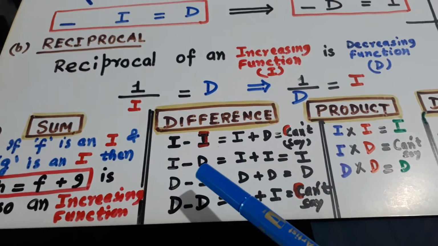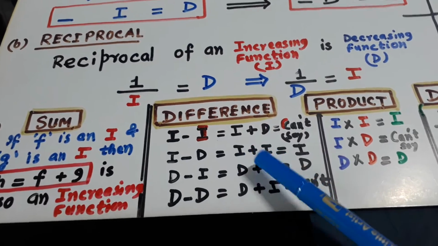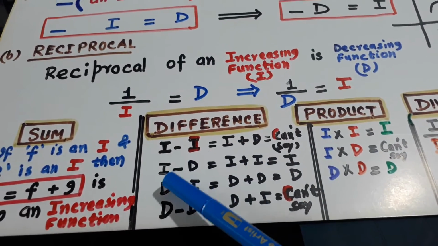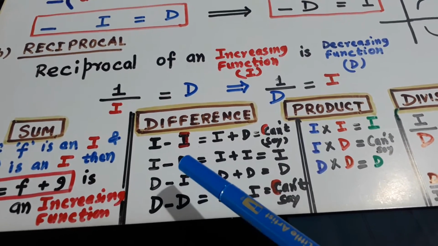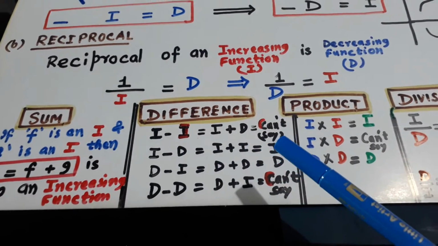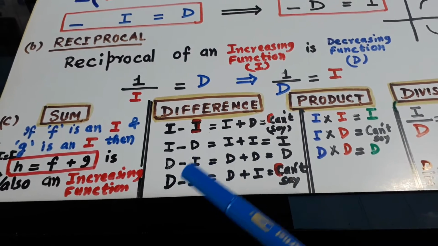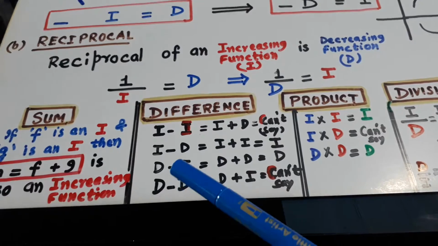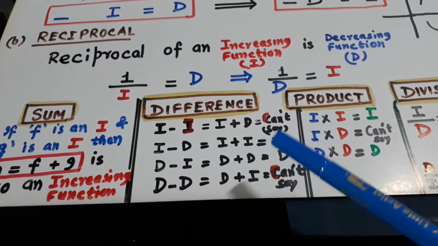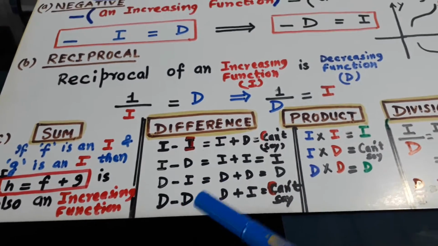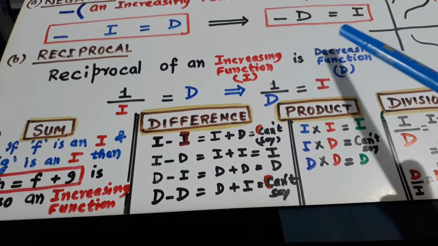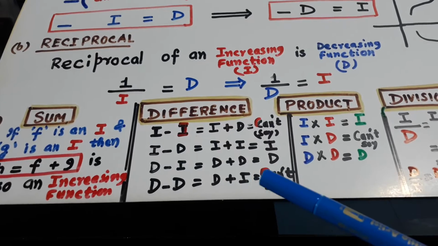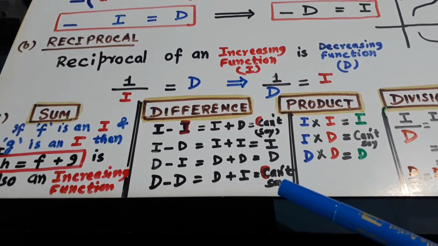I minus D is equal to I plus I, since minus D is I. So it is I. D minus I is D, so D plus D is equal to D. D minus D is I, so it becomes D plus I. We can't say.